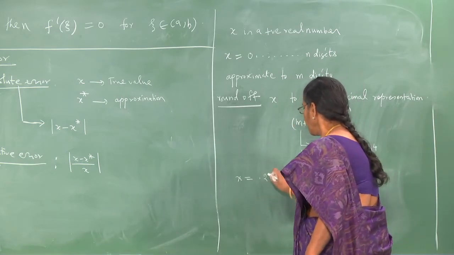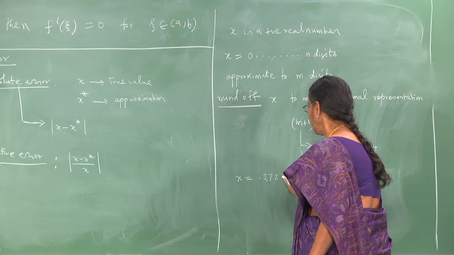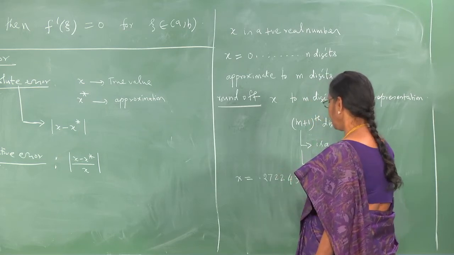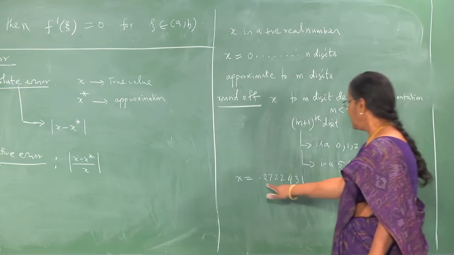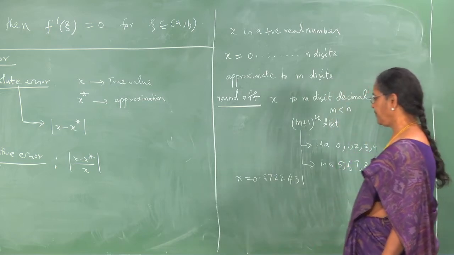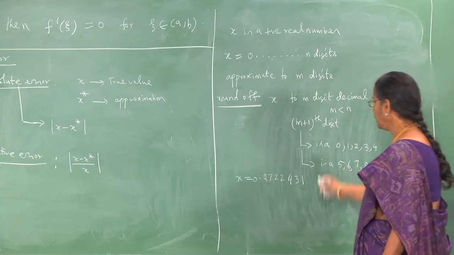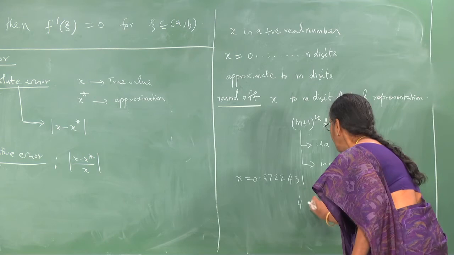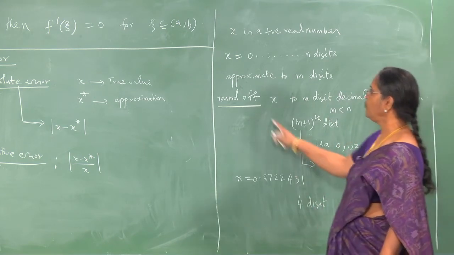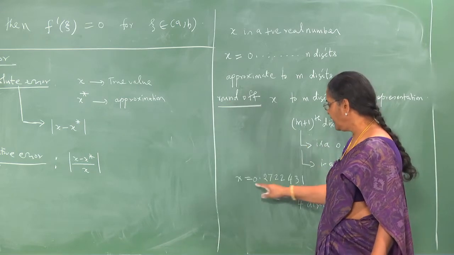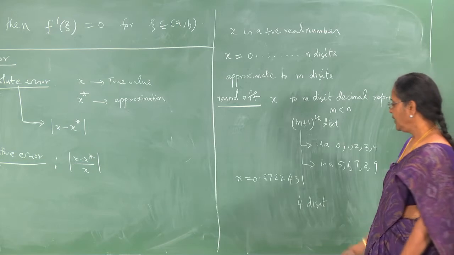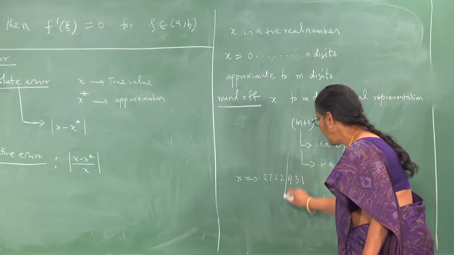Suppose the number is 0.2722431, so I am given a 7 digit decimal representation of the number, and I want a 4 digit representation, namely I would like to round off this number x to 4 digits.